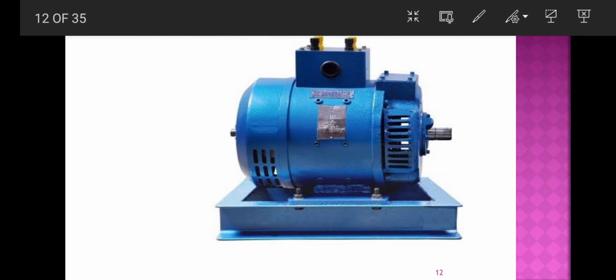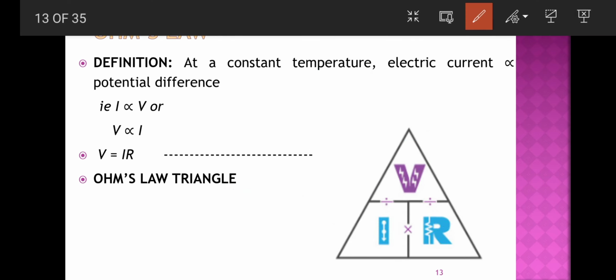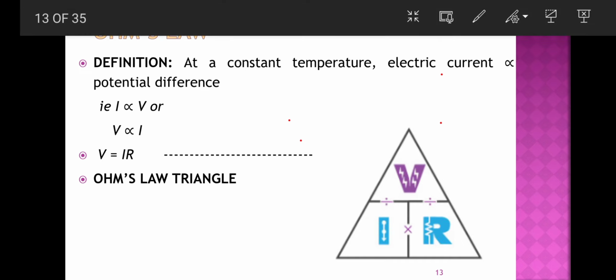Now we will discuss what is meant by Ohm's law. I think you are familiar with it. At a constant temperature, the current flowing through a conductor is directly proportional to the voltage applied. For example, I'll draw here.